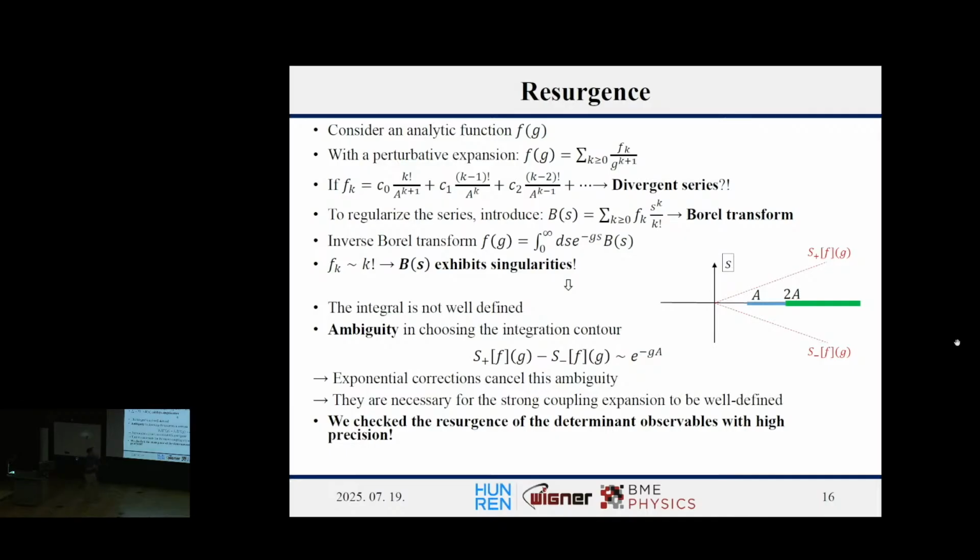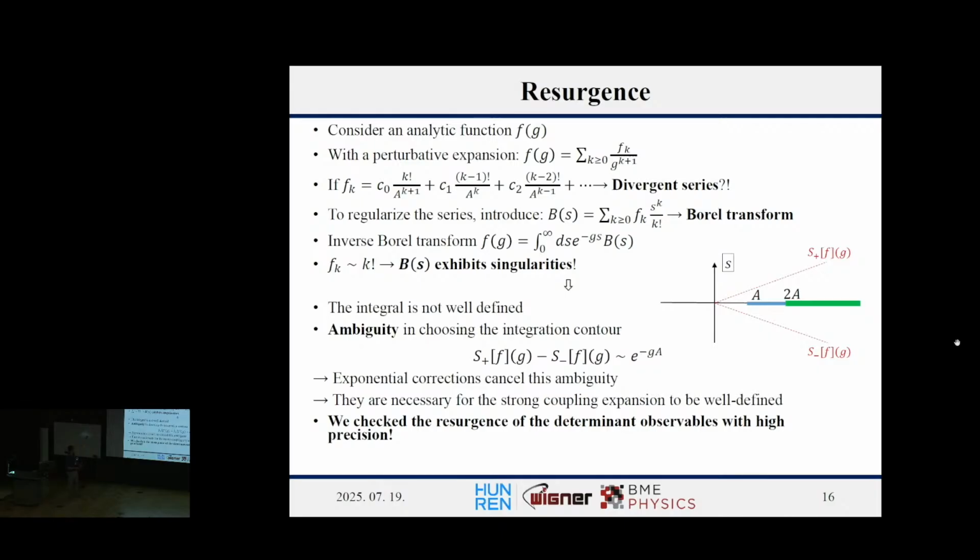So it is not obvious how to do this integral, because it goes from 0 to infinity. If you just want to integrate it out, you will hit a pole somewhere, which is not good at all. So you have some ambiguity. What you can do is tilt the integration contour a bit above the singularities or a bit below, but this gives you some ambiguity in how you transform back your Borel function.